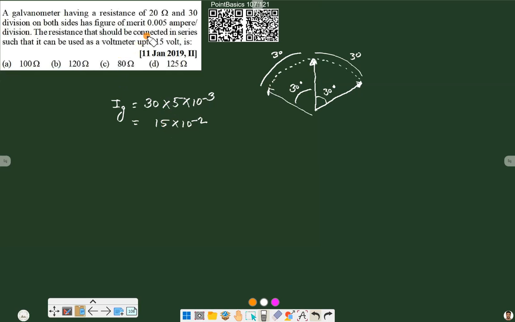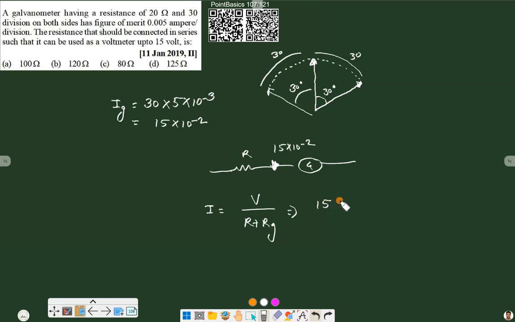The resistance that should be connected in series so that it can be used as a voltmeter up to 15 volts. So again, this is similar to what we solved previously. We have a resistance R here and a galvanometer, and the maximum current that can flow is 15 into 10 raised to power minus 2. So I is equal to V by R plus Rg.